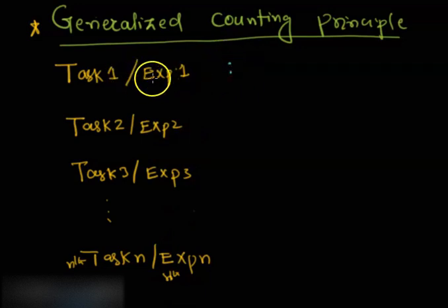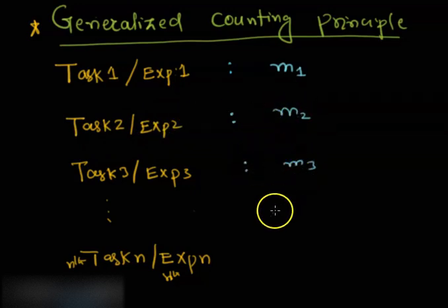Further assume that task 1 can be performed in m1 ways, or experiment 1 has m1 possible outcomes, and then suppose task 2 can be performed in m2 ways, or experiment 2 can be performed in m2 ways. Similarly m3, and so on, up to mn.